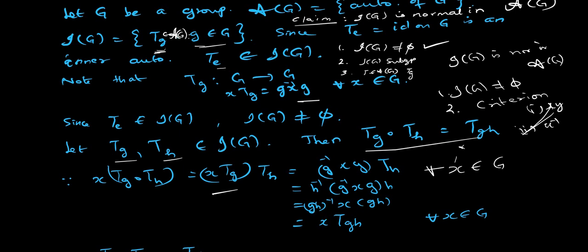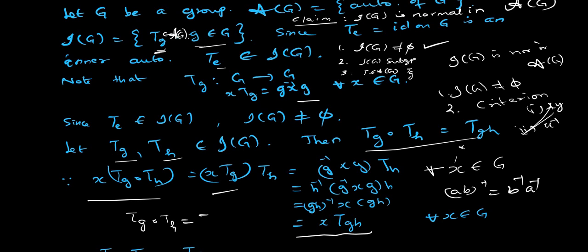The reason is known to us, that is, ab the whole inverse is b inverse a inverse. So using that we have this, and this obviously tells us that this is nothing but the image of x under Tgh. So as the images are equal, the mappings must be equal. That is, Tg composition Th must be equal to Tgh.